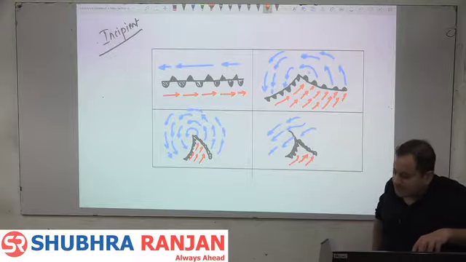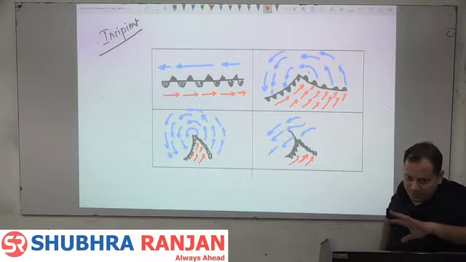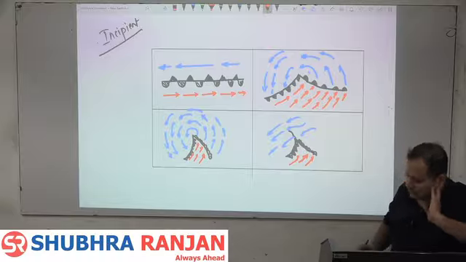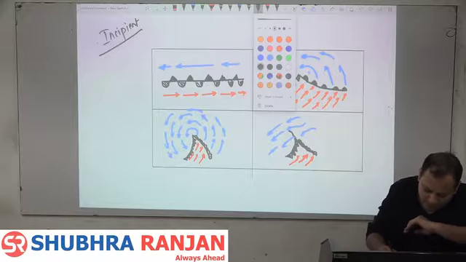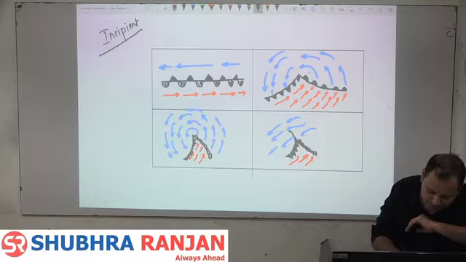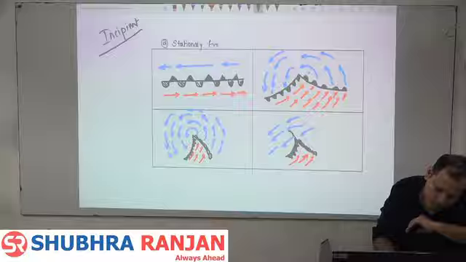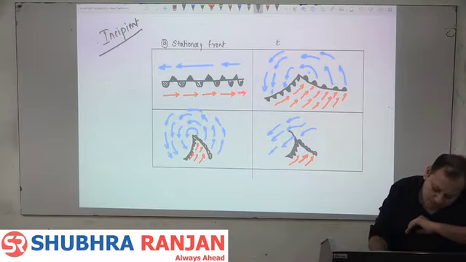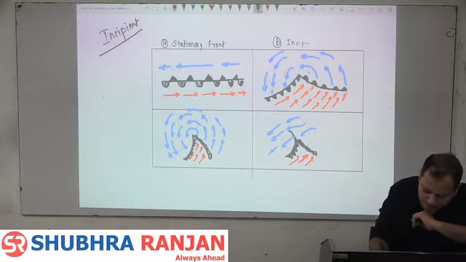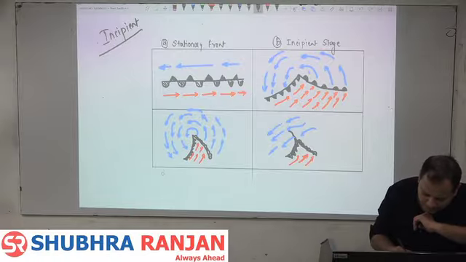Savindra Singh, it is given in 6 stages. I have made it in 4 stages for you, क्योंकि 4 stages याद करना आसान है. Stage A, stationary front. Stage B is incipient stage. Stage C is cyclone.